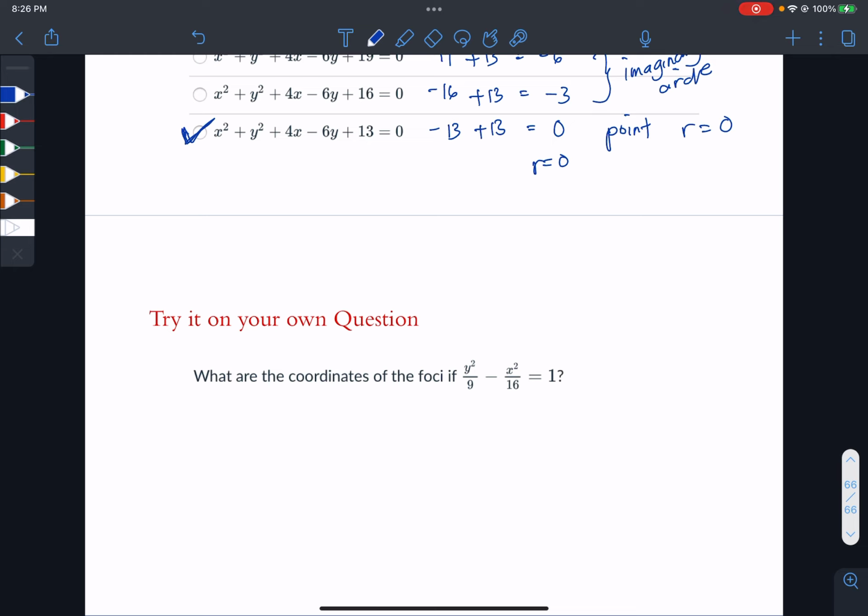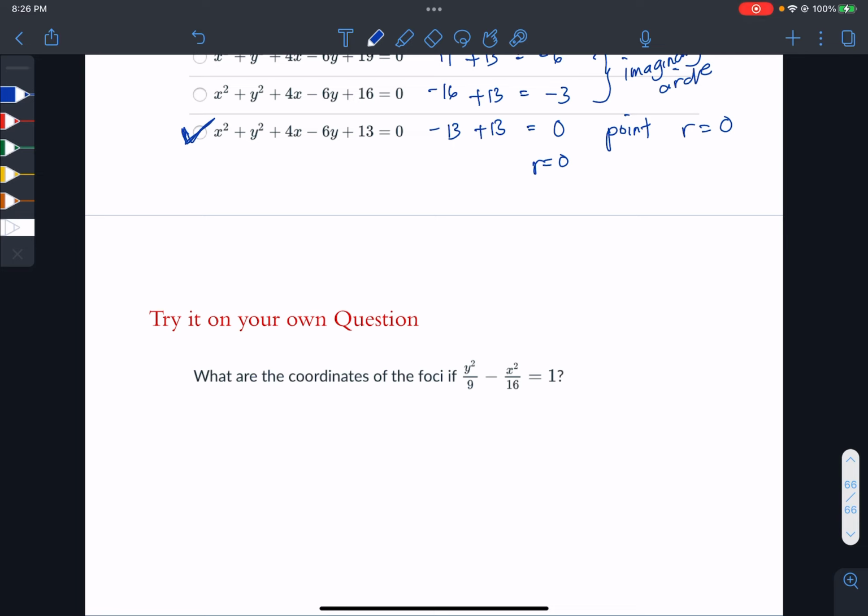So lastly, what are the coordinates of the foci if y squared all over 9 minus x squared all over 16 is equal to 1? So this is a hyperbola. Diba?